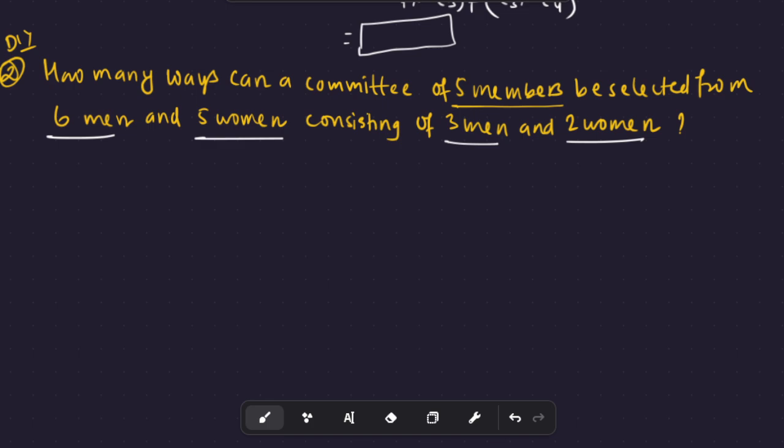In how many ways can a committee of five members be selected from six men and five women, consisting of three men and two women? In how many ways can three men be selected?